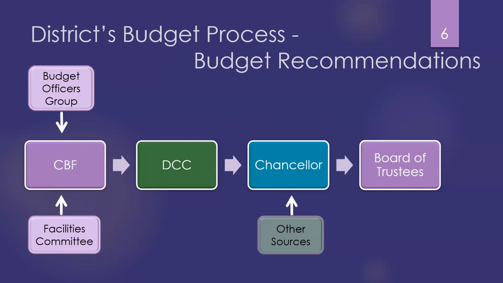And that Council on Budget and Facilities, similar to the DCC, the District Consultation Council, is comprised of representatives from all the different groups: United Faculty, AdFac, CSCA, Confidentials, and Management, as well as the budget officers. So you do have representation, regardless of which group you're in, and we do have students participating in this group as well.